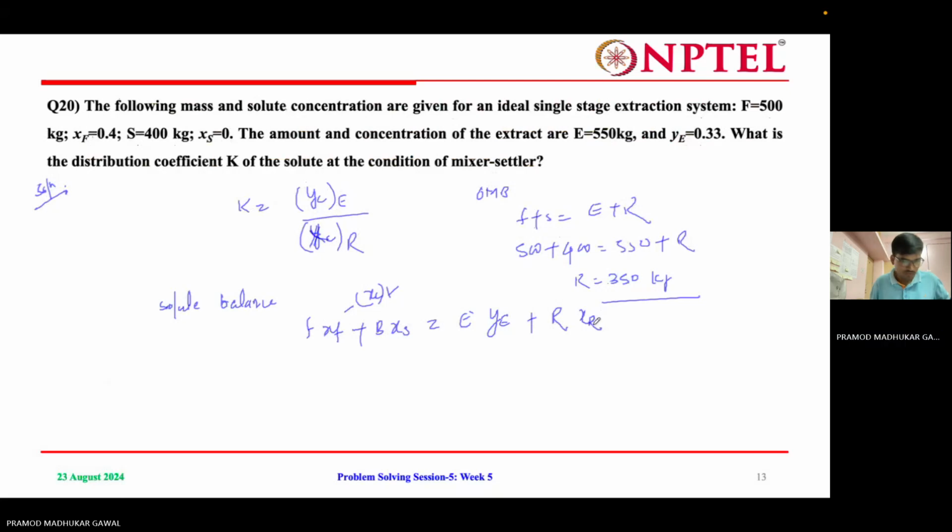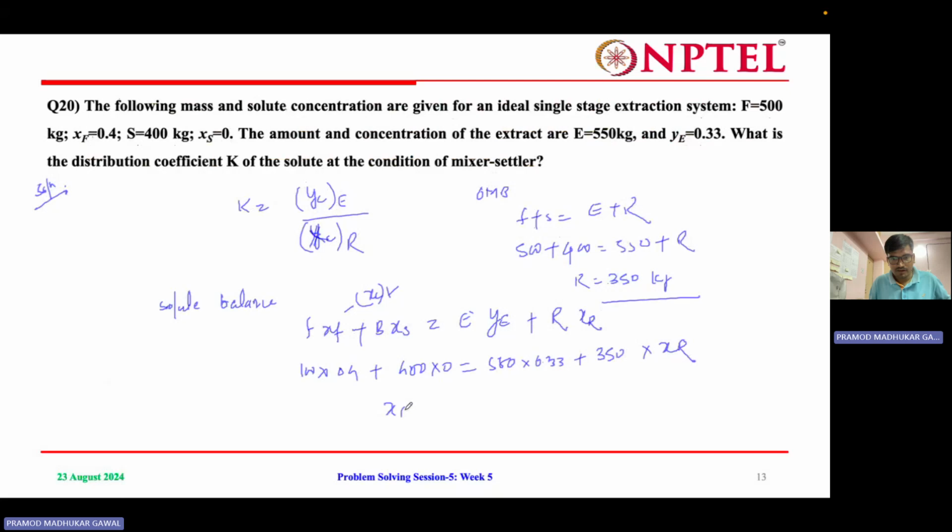Right. So 100 into 0.4 plus b, 400 0 e 550 into 0.33 r is a 350 into x r, right?